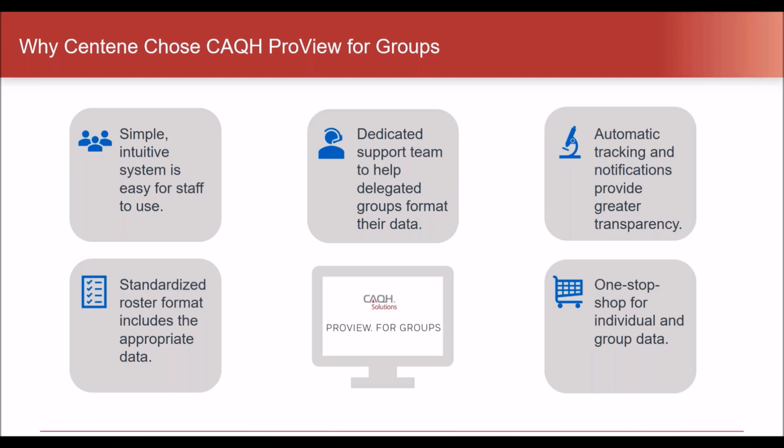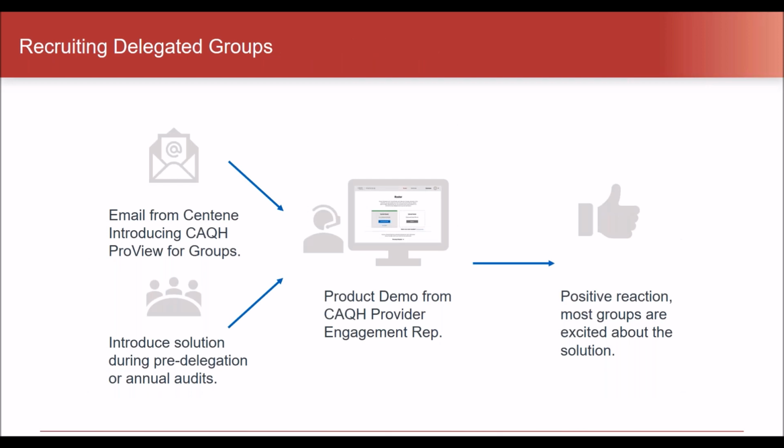If we move to the next slide, we'll talk about how we recruited our delegated groups, and we're still actively engaged in this for all of our delegated groups. With partnership with CAQH, we've got an account representative who helps us with this. So we've identified delegated groups.